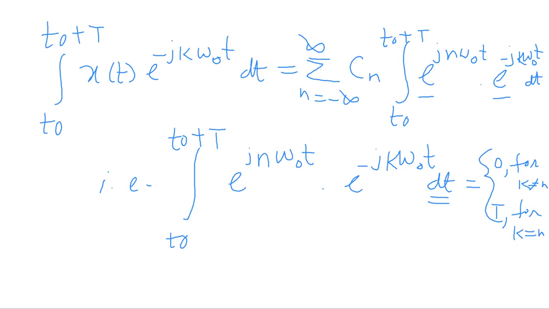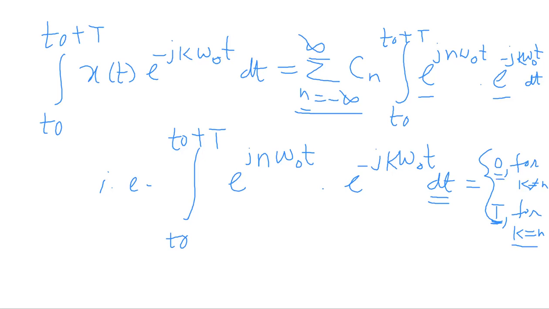So considering that, we assume that k is equal to n. Whenever k is not in the range of n equal to minus infinity to infinity, but whenever n is equal to k, only this integration, that is the value T, remains. For all the remaining values of n in the summation from minus infinity to plus infinity, the integration is 0.